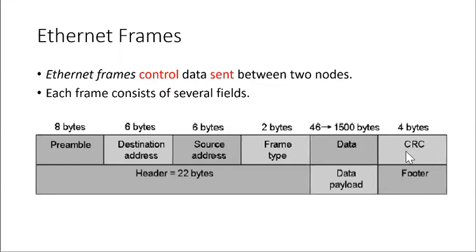If the values are the same, it is assumed that the data is valid. There is no change in the data during transmission. Nobody has changed the data, or maybe due to interference, the data has not been affected. So it is assumed that the data is correct, and then it will acknowledge back. The acknowledgement will also be embedded in the main data.